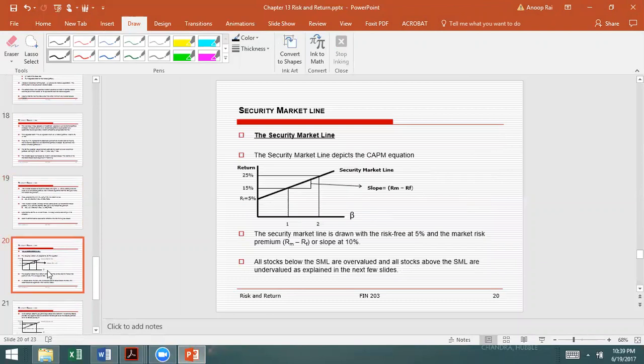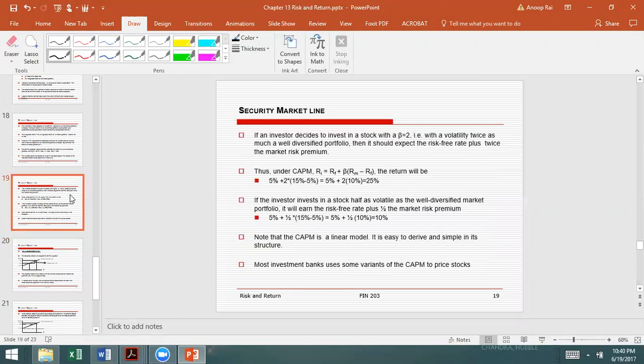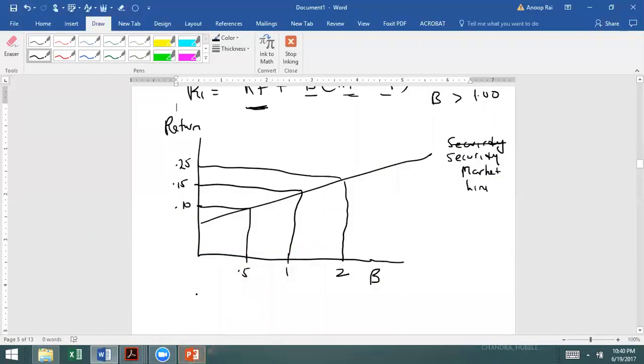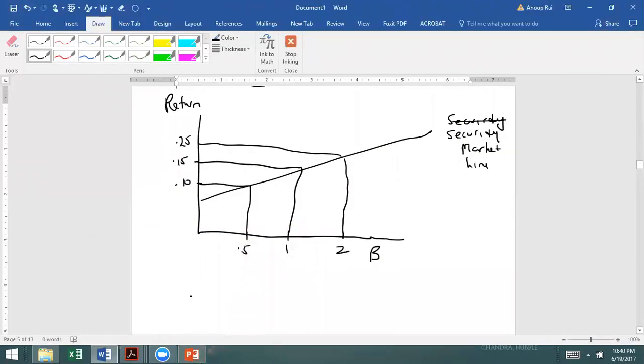Okay. Now, let's do a simple example. So let me start with a simple one here using the same formula. Let's say you had a base stock with a beta of 3. How much should you demand for investing in such a risky stock? So you should say, no problem, I can use the formula. Let's say the stock is, I'm just picking on Chevron.